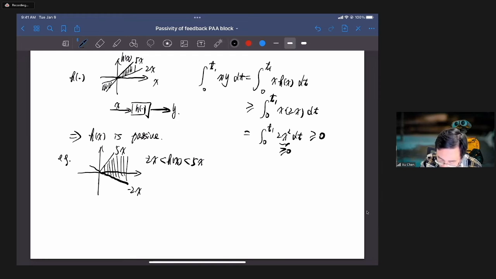I will raise this as a question. All right, spend maybe 2 minutes to think about this, whether you can still lower bound the product integration or not.